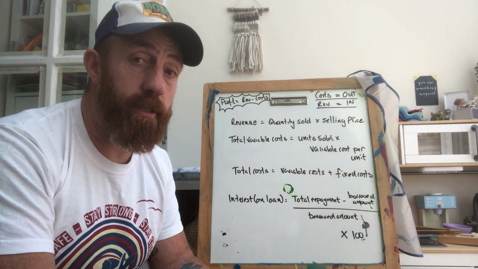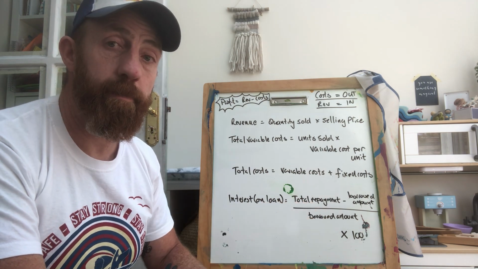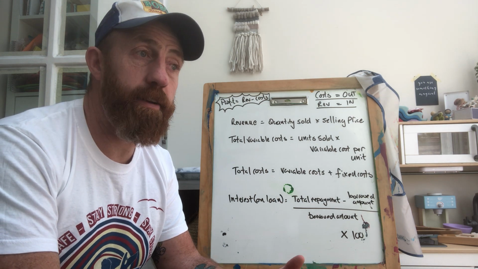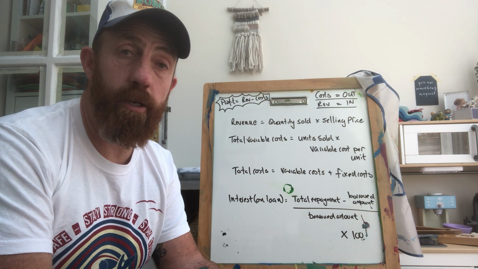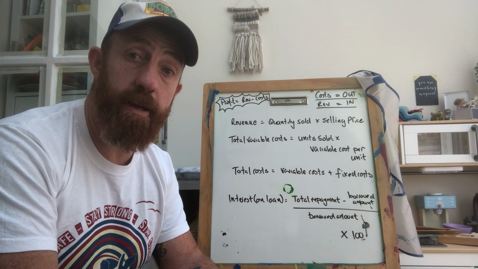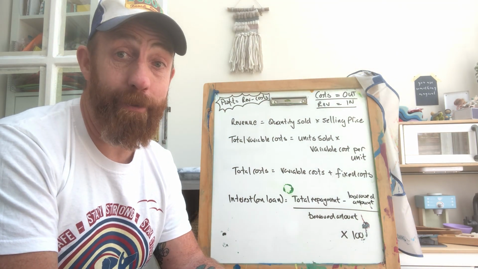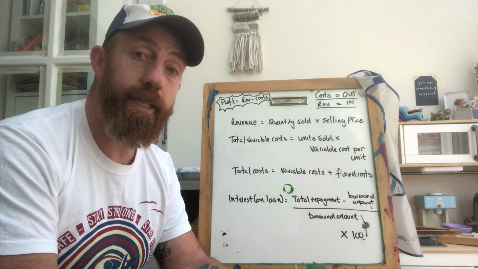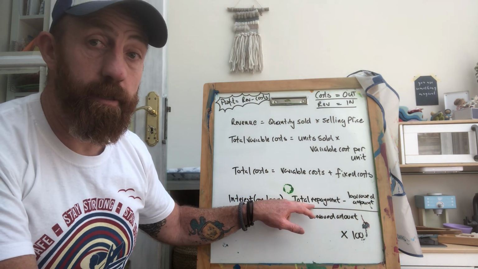But you might be asked to work that out in the exam, and so you need to know what the total repayments are. So if it's 7.5 grand and you're told that that's going to equate to 230 quid per month over 3 years, then it's 230 times 12 times 3, and that would give you your total repayment.